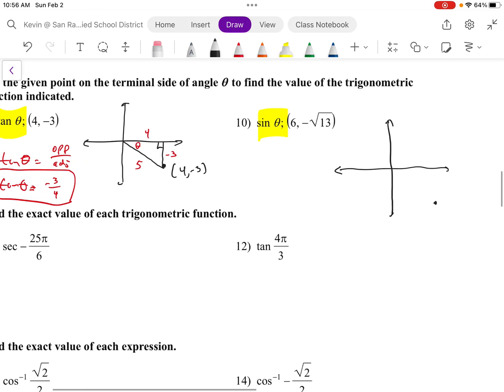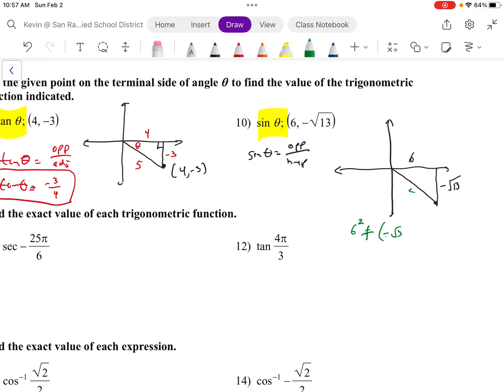Oh, okay. So this is 6. This is -√13. And we want sine. So sine theta equals opposite over hypotenuse. So we need to find our hypotenuse there.